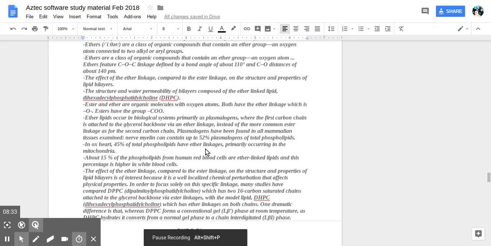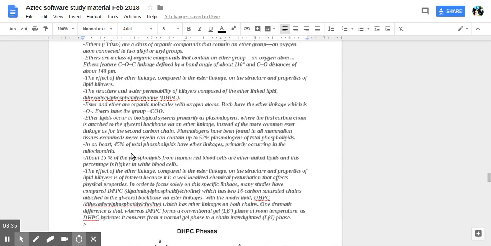So plasmalogens have been found in all mammalian tissues. Nerve myelins contain 52% plasmalogens of total phospholipids. For example, in ox heart, 45% of the total phospholipids have ether linkages, primarily occurring in the mitochondria.